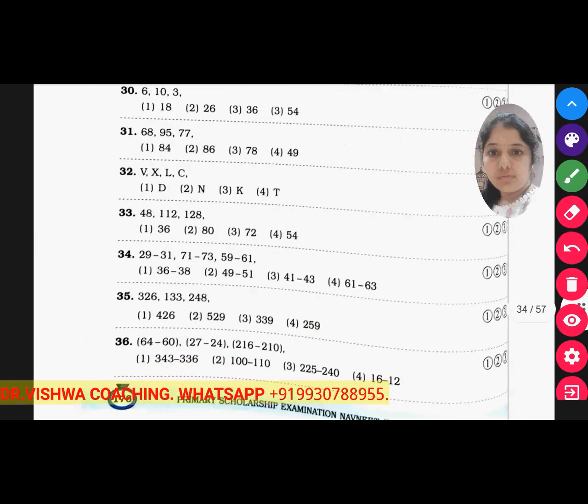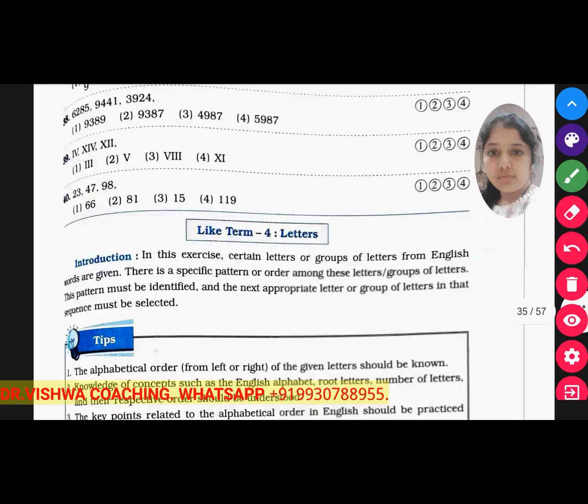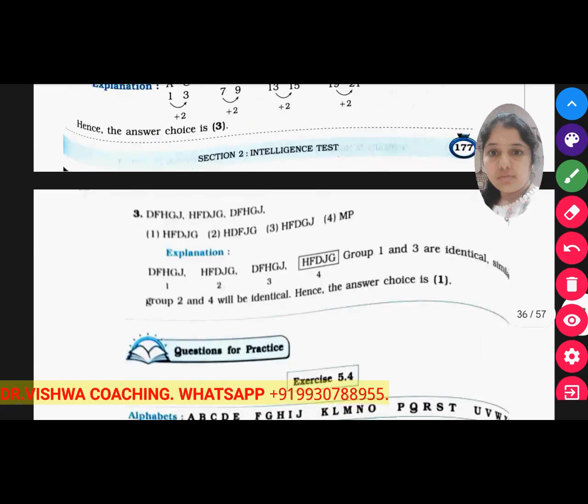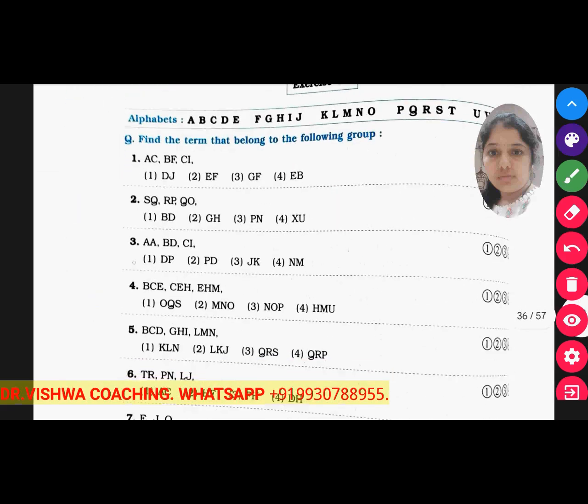Okay, now our last topic, that is based on alphabets or the letters which we have to take. So here also some of the sums I will take and the rest you try at home.